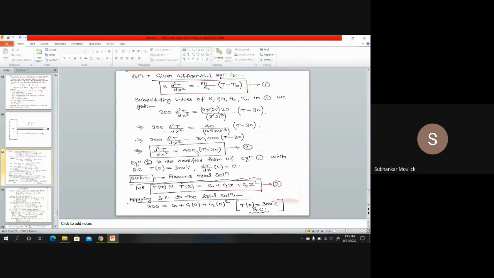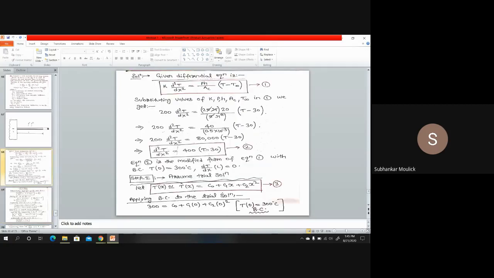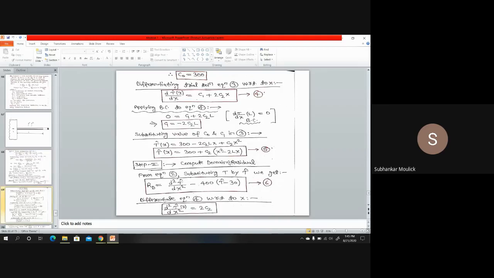C1 is minus 2C2 into L, so minus 2C2 into L into x, plus C2 into x square. Take C2 common, so the resulting trial function becomes T cap of x equal to 300 plus C2 times (x square minus 2Lx), which is equation number 5. Now this is the modified form of your assumed trial solution in terms of one single constant C2. Is it clear? Equation number 5.